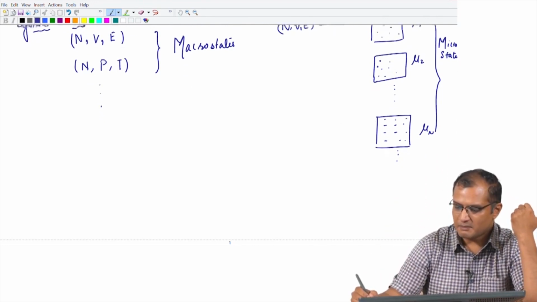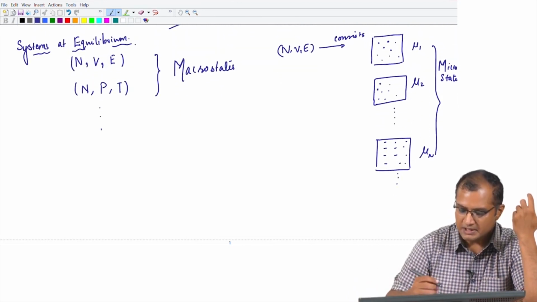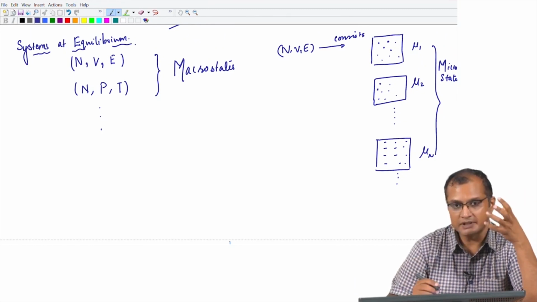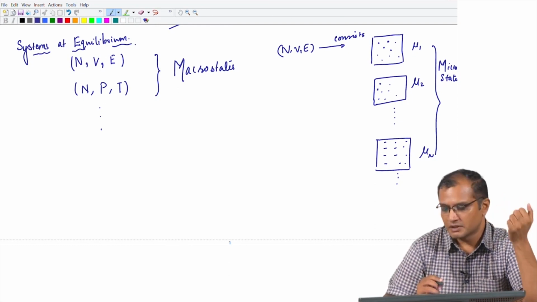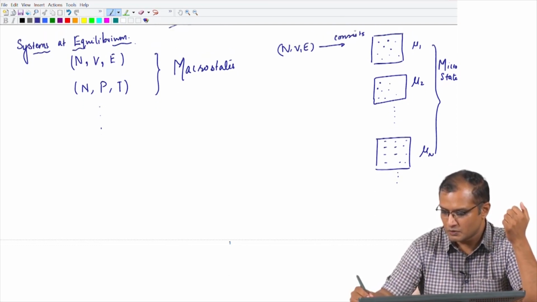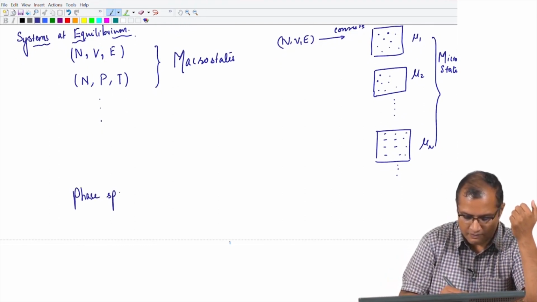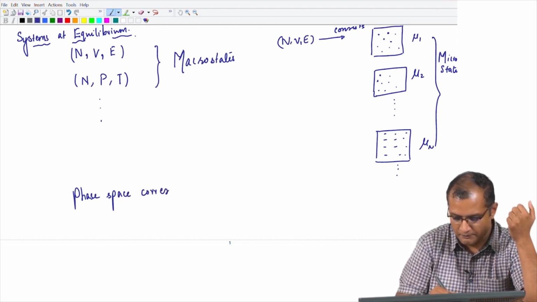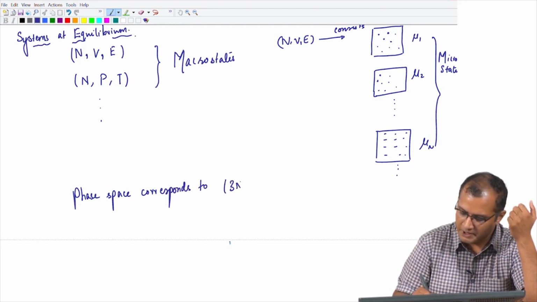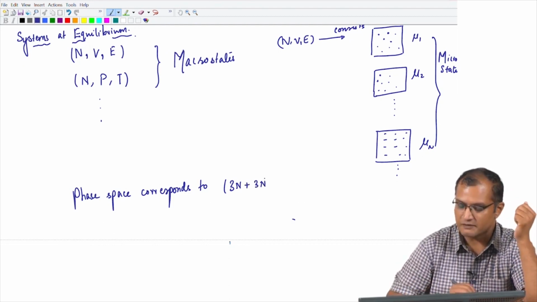Now, by phase space I mean the coordinate system of the degrees of freedom in position coordinates and degrees of freedom in momentum coordinates. So, the phase space here corresponds to 3N momentum degrees of freedom for an N particle system plus 3N position degrees of freedom.